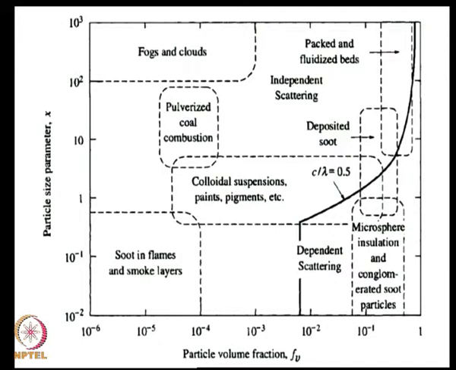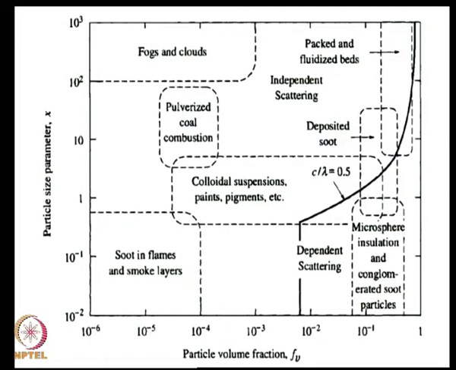And that, as all of you can understand, depends on particle volume fraction. So, you take a given volume, let us say 1 meter cube, and ask yourself what fraction of that volume is occupied by particles.